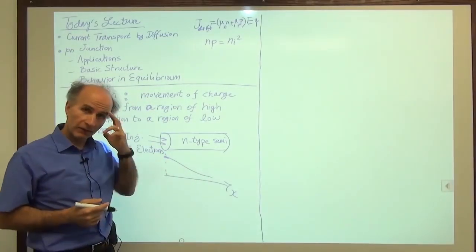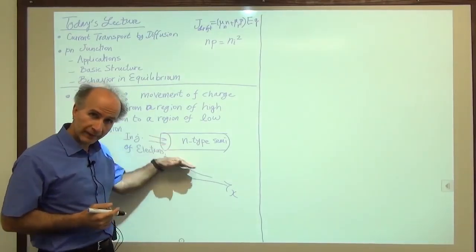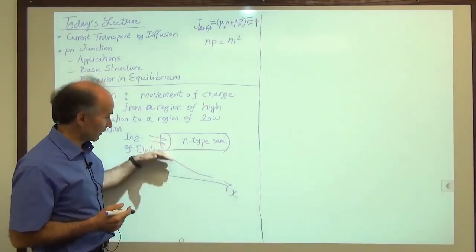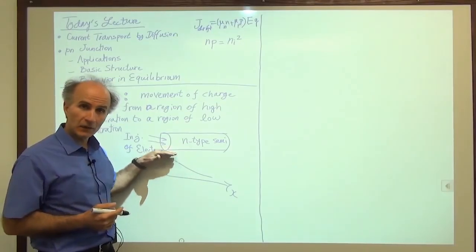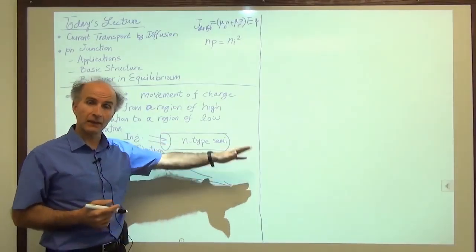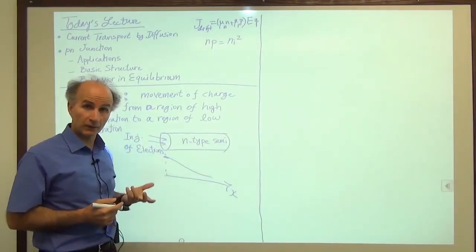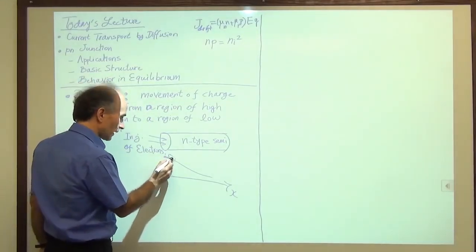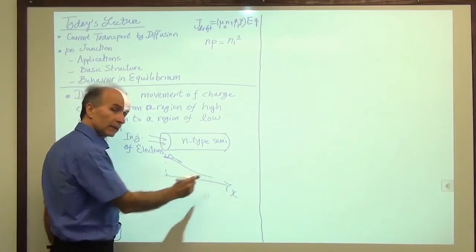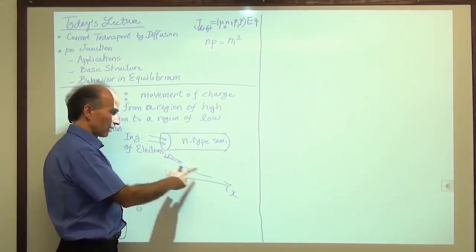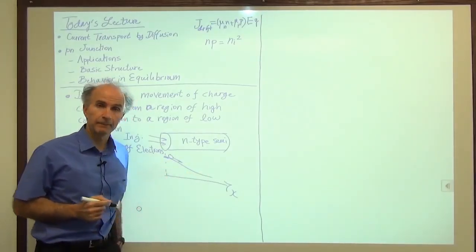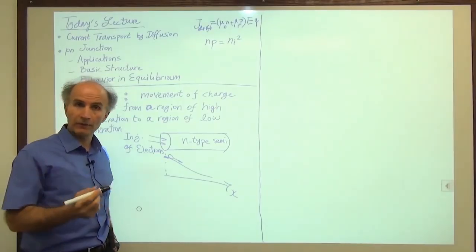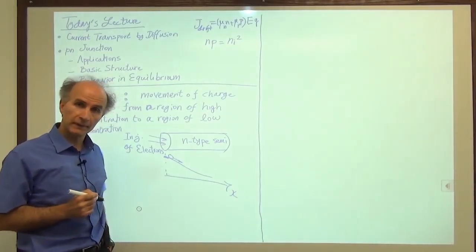And we think of these electrons as rolling down this gradient. This is like a slope on a hill. So they would like to roll down this gradient and go to the other areas where the concentration is lower. So we have an electron here, and the electron rolls down this hill because we have a high concentration here and low concentration here. And a similar effect can occur with holes.